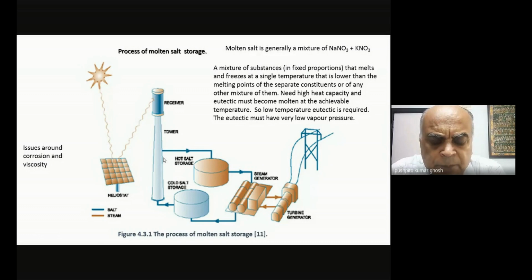What people realize is that if you want to generate temperatures of, let's say, 1,000 degrees centigrade, even these organics, these oils, none of these things will work. None of them can withstand those high temperatures.